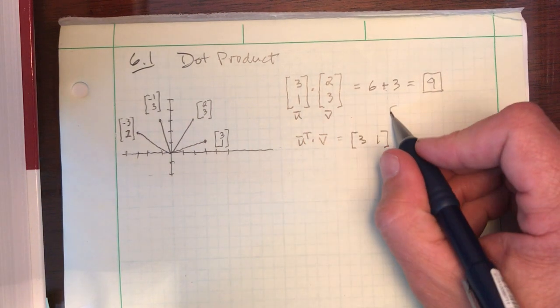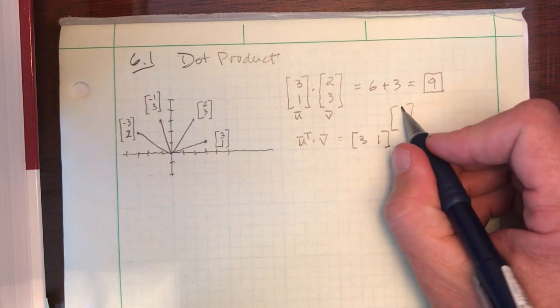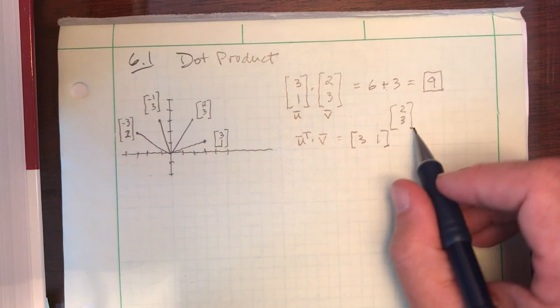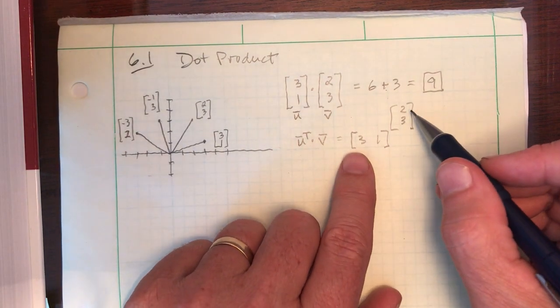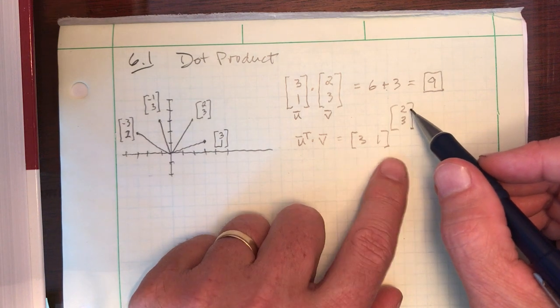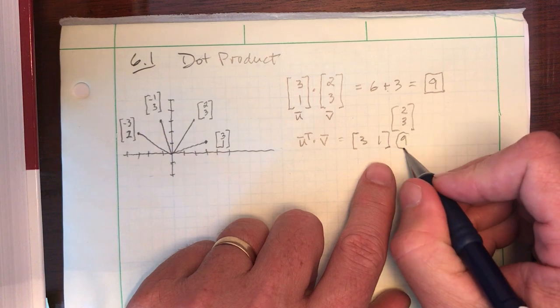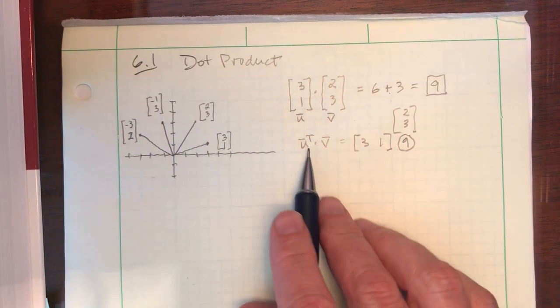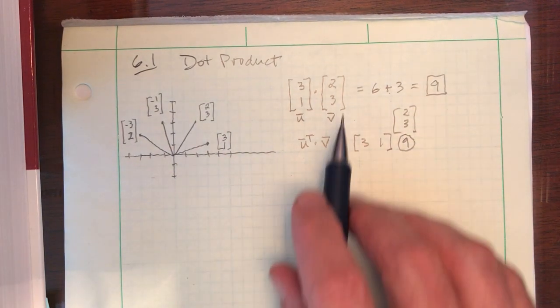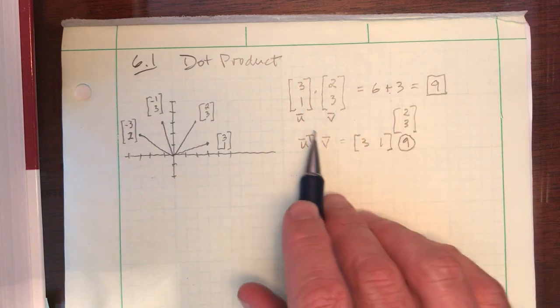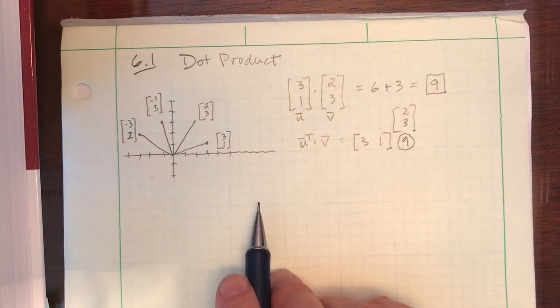And v itself stays a column. And if you think of it like that, then we're back to our normal rules of multiplying matrices, which says row times column, 6 plus 3, 9. And there's that same result. So I'm just showing you the formal, official way that you could do this, but I think we're going to be fine just multiplying the way I showed.